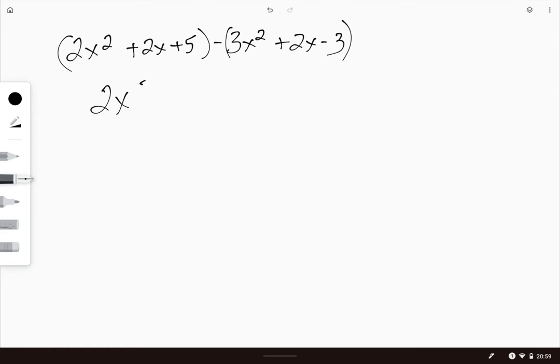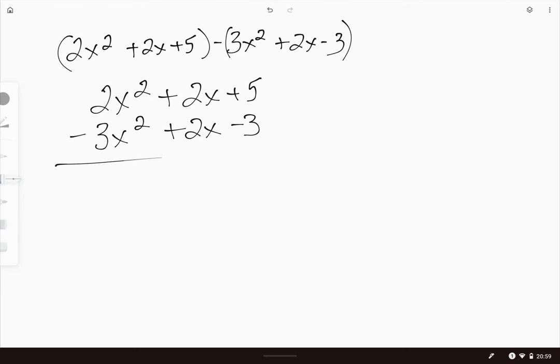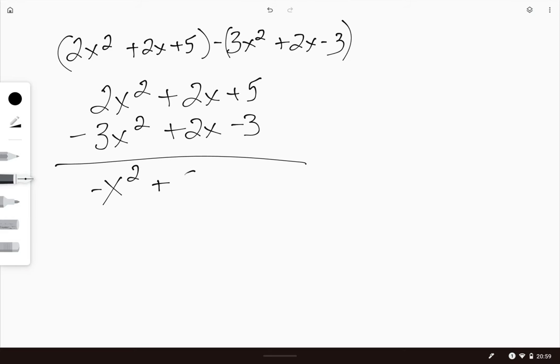So if I rewrite it and stack it using subtraction, I would have 2x squared minus 3x squared, which leaves me a negative x squared. Then 2x minus 2x, which of course is 0. Then I have 5 minus a negative 3. So we know that two negatives make a positive, so that means my answer there is going to be plus 8. So the answer here would be negative x squared plus 8. So that is one way of solving it.